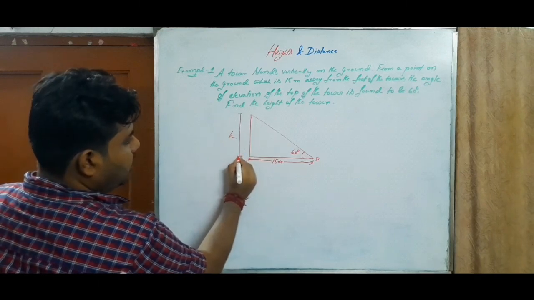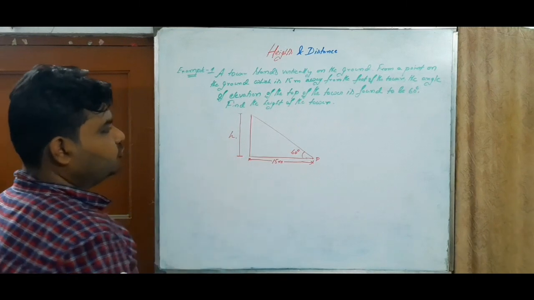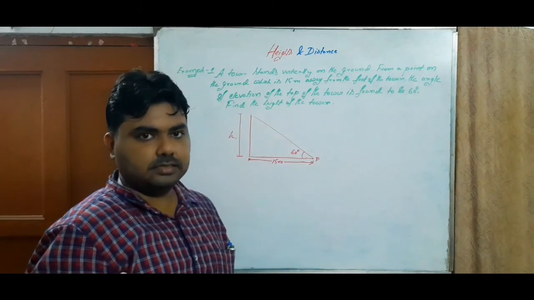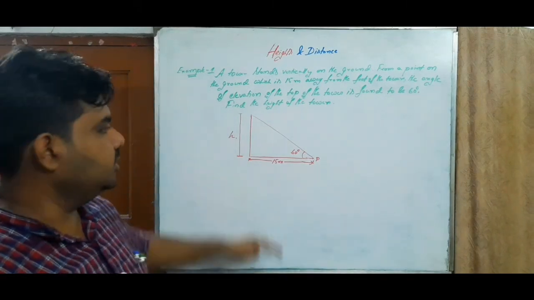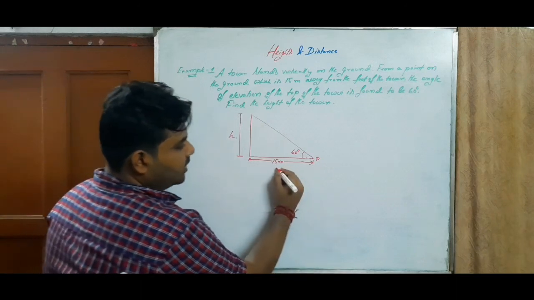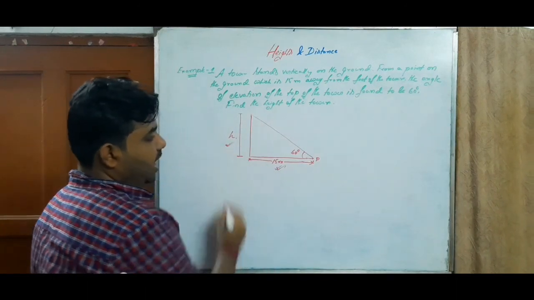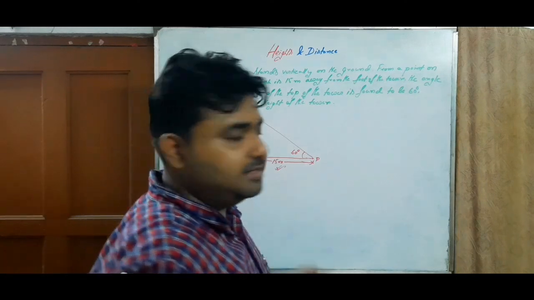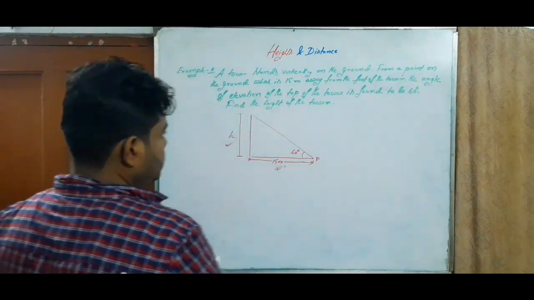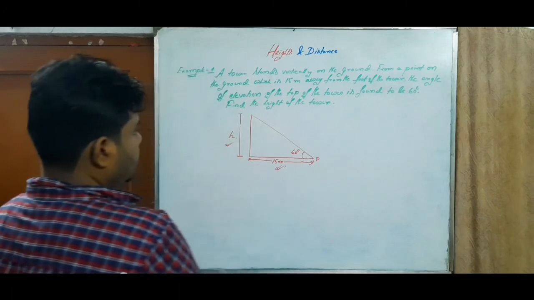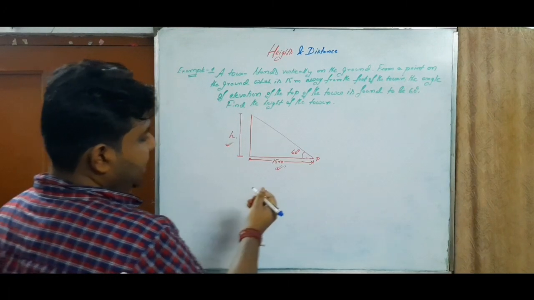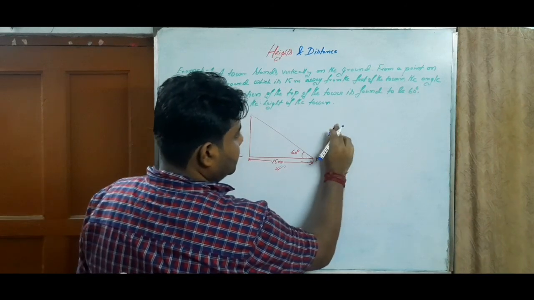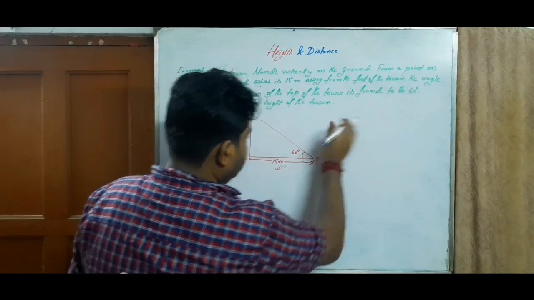Now we have to find the height of the tower, and what is given? The base. So in this right angle triangle, we are given the base, and we have to find the height. So we have to use the formula of tan theta, where the angle is 60 degrees. First we have to give names.